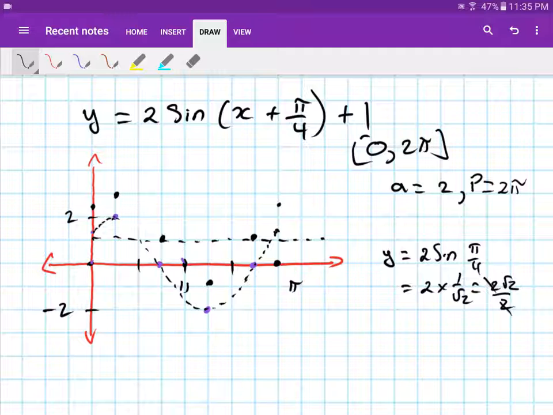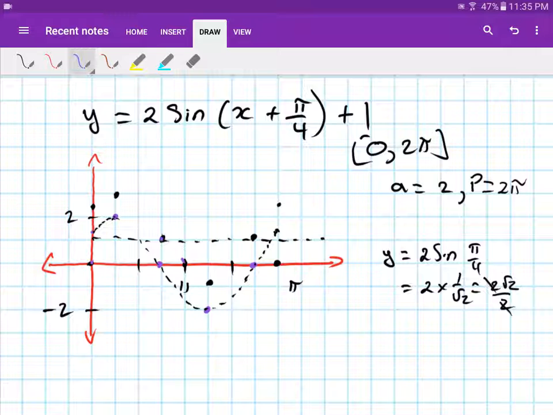Now all we do is connect them all together. I'm going to do a purple line this time. I'm just doing from here first. It's quite tricky, so I'm going to start from here. Let me have a look.